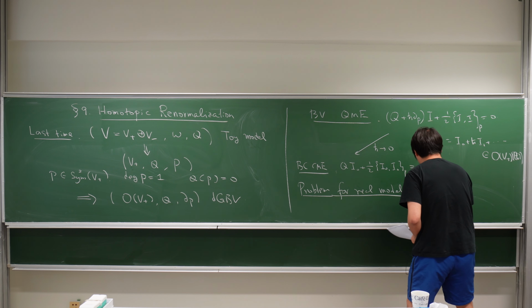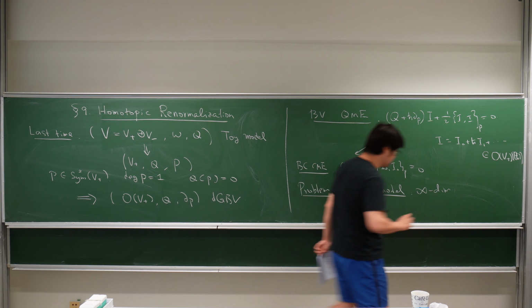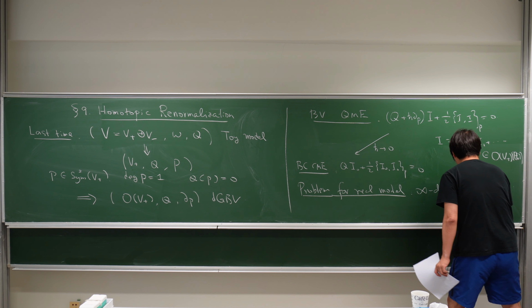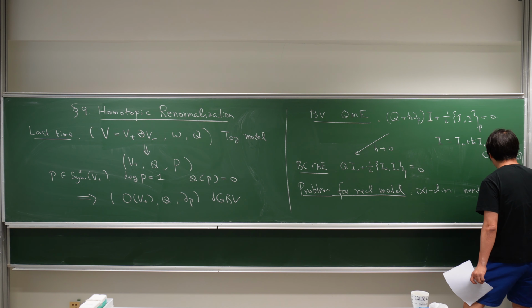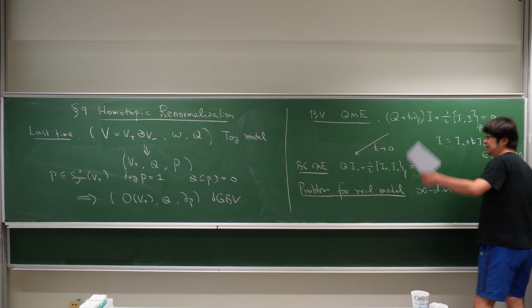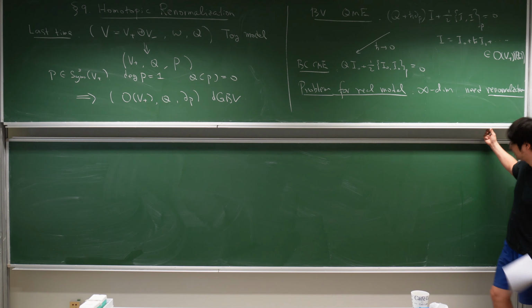It comes from the infinite dimensionality, and we need to do some renormalization. So let me try to explain what the issue is and how to solve it. That's why we discuss the renormalization theory today.